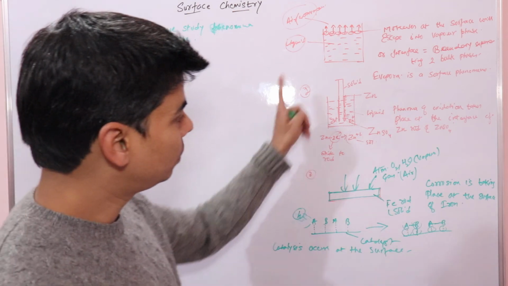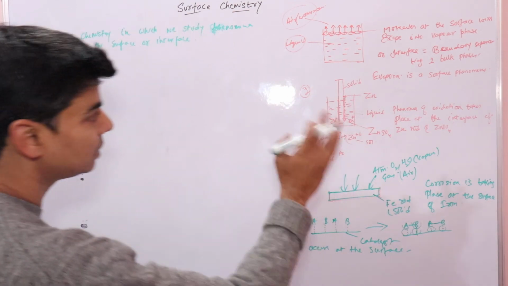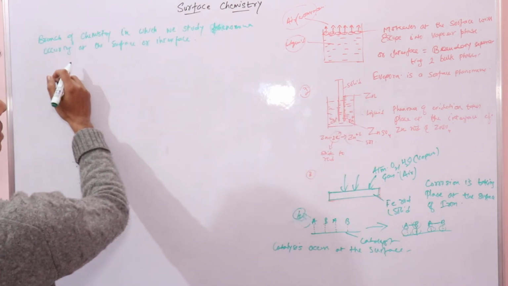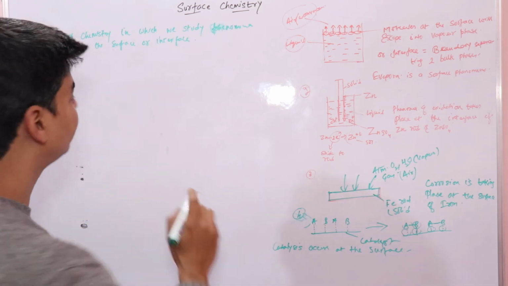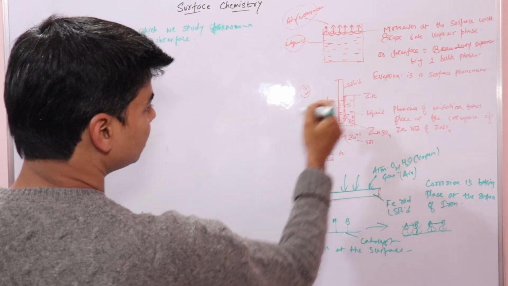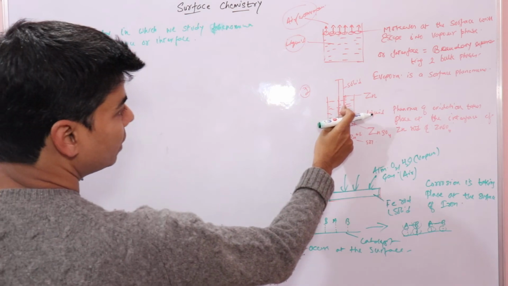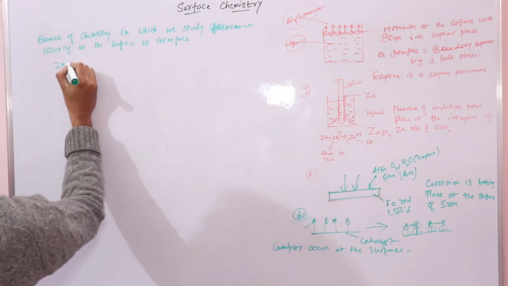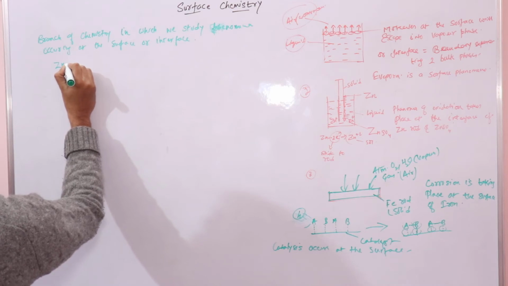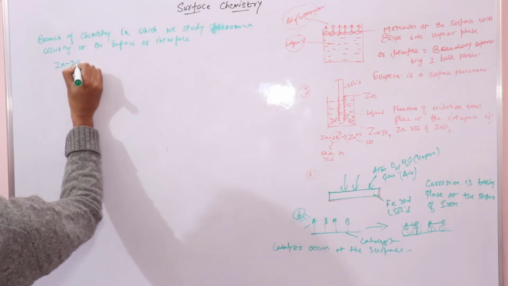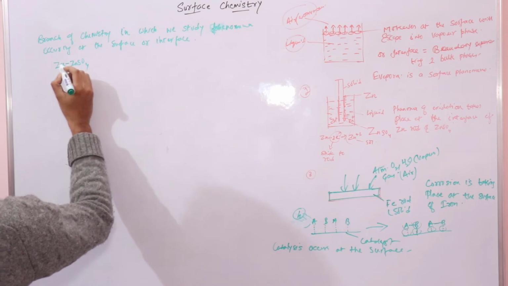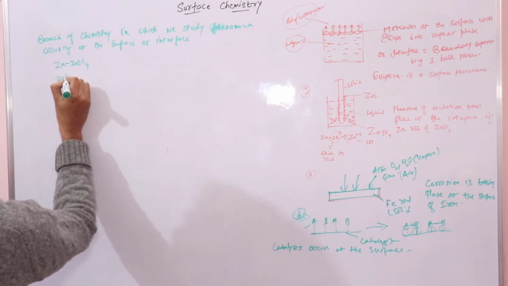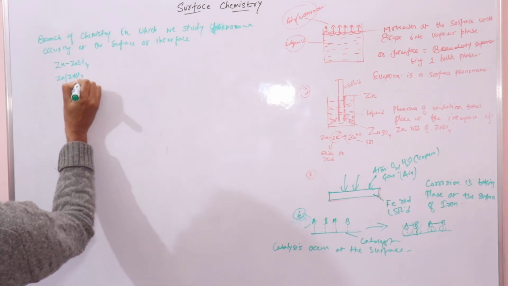If you want to represent this interface, it is represented by putting a hyphen. If I want to represent the interface between a solid rod and this electrolyte, this is how I will represent it, using a hyphen or a dash, or we may also represent it as zinc sulfate like this.